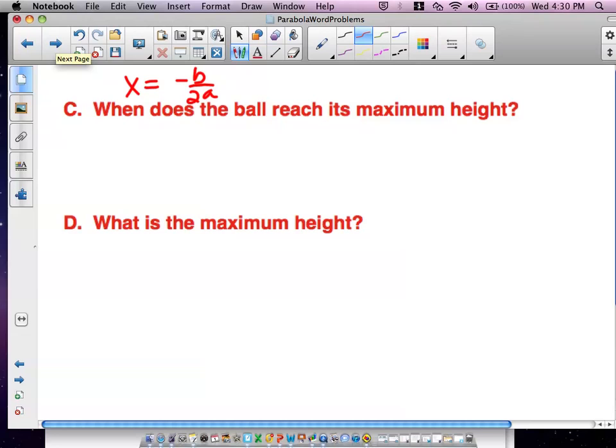And to find the x-coordinate, I can use the factored form of my equation, or I can simply go back to the original. I think I'll go back to the original equation on this.